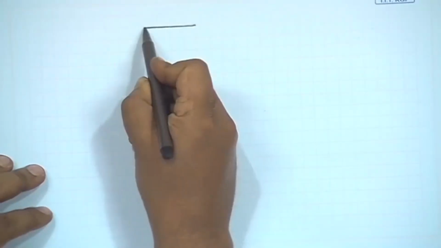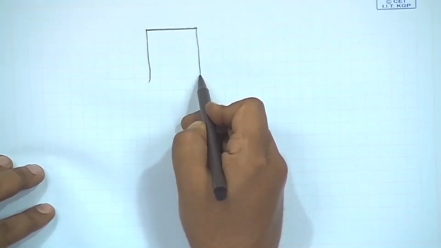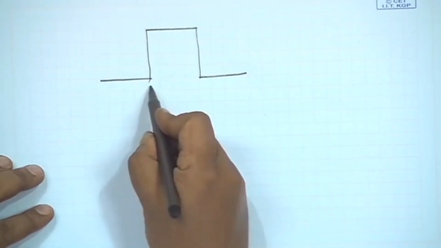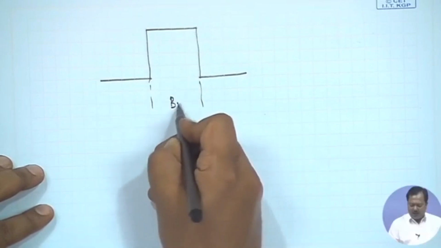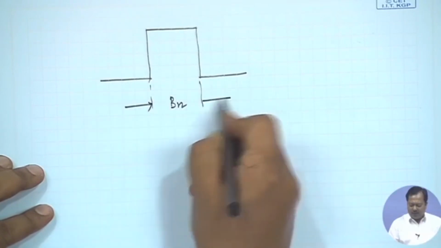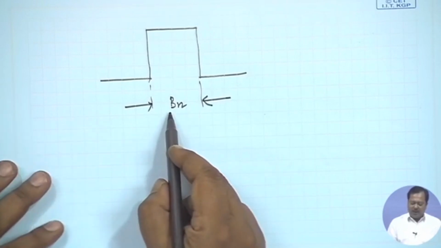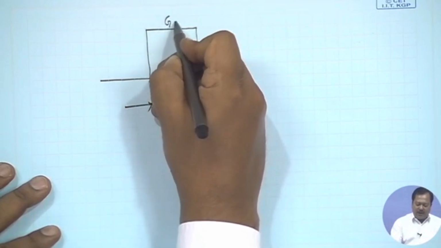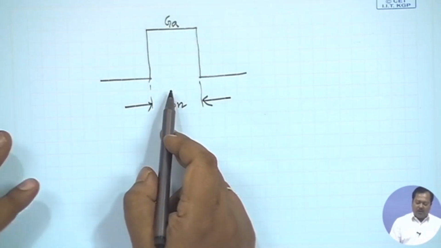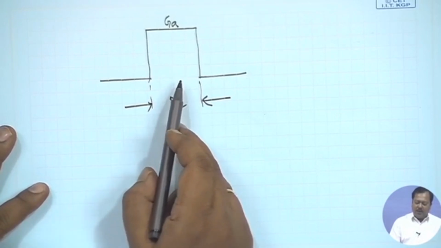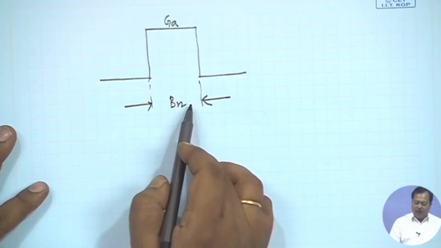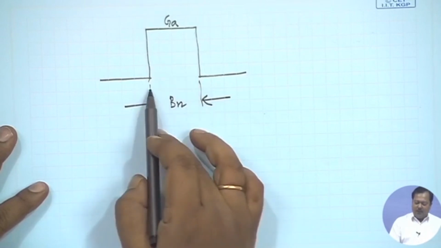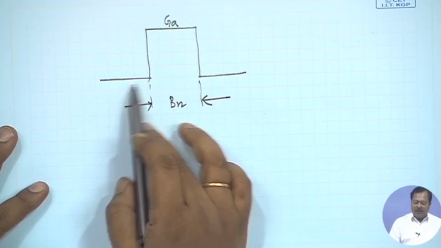So let us consider a practical case. In the ideal scenario, this is the 1 gigahertz channel bandwidth, given by Bn, and we model it by a constant gain Ga, the gain of the amplifier or receiver G naught, and outside this band Ga is exactly 0.